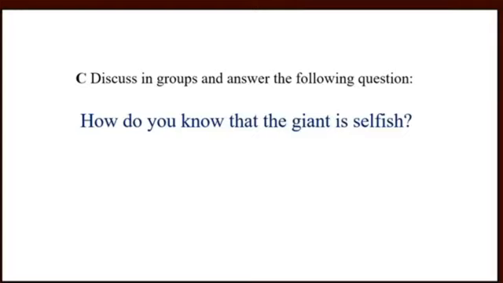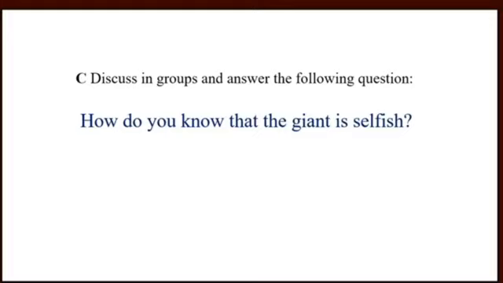So we could easily understand that he is selfish. He didn't like that children should play in his garden. So I hope you are thinking like this also, because this is very easy and clearly understandable to you.